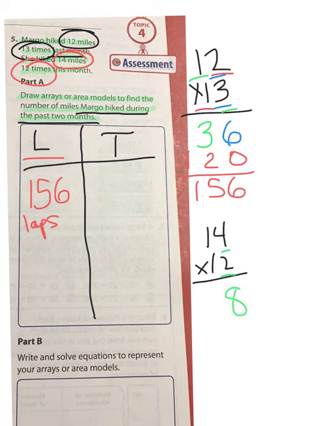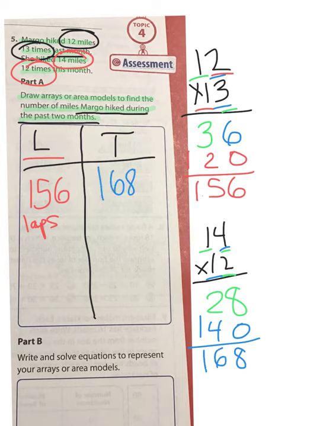Then multiply your ones times your tens. 2 times 1 is 2. Before we can multiply our tens, we need to place our 0. We did not regroup, so we don't have to erase anything. Then we're going to multiply 1 times 4, which is 4, and 1 times 1, which is 1. We're going to add these together, and we're going to get 168 miles.